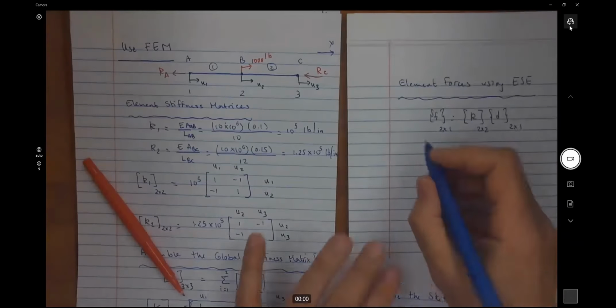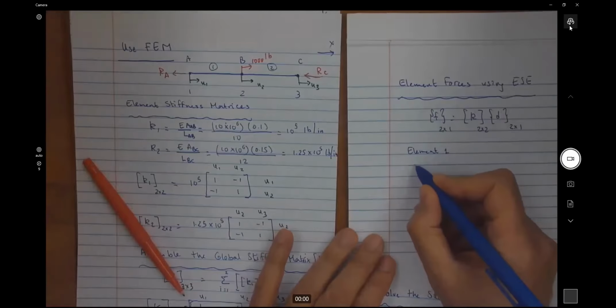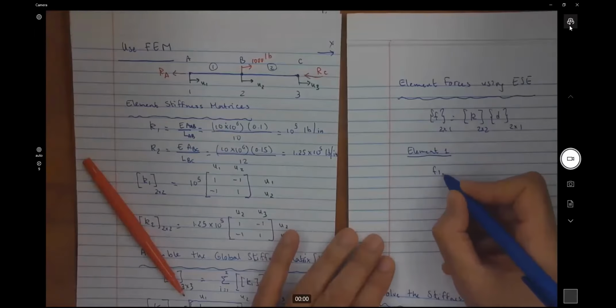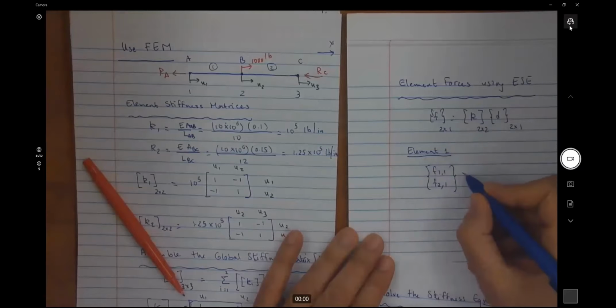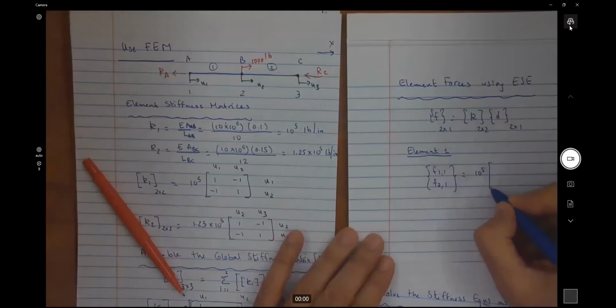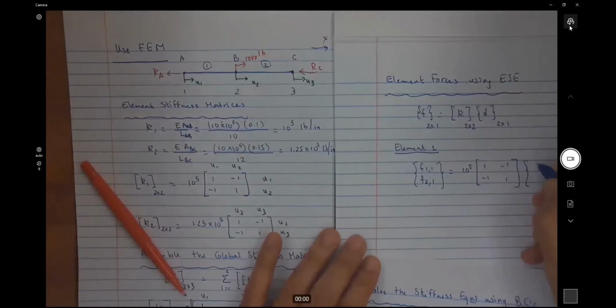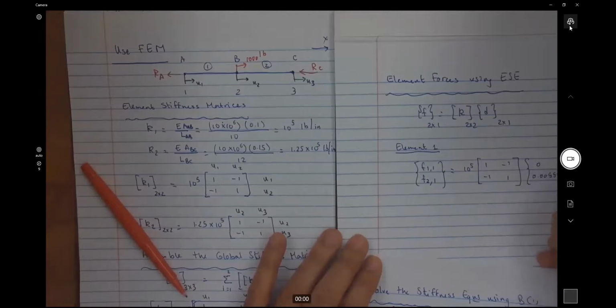So for element 1, I have F1 applied to element 1 and F2 applied to element 1 are equal to 10 to the power 5 times 1 minus 1 minus 1 and 1 multiplied by D, which is U1 is a 0 and U2 is this 0.005556.